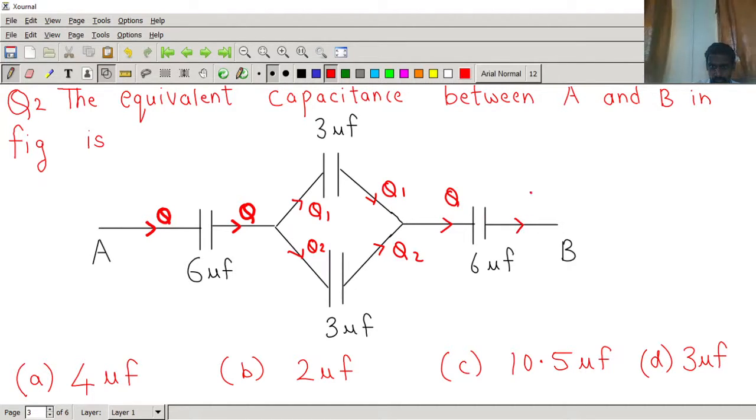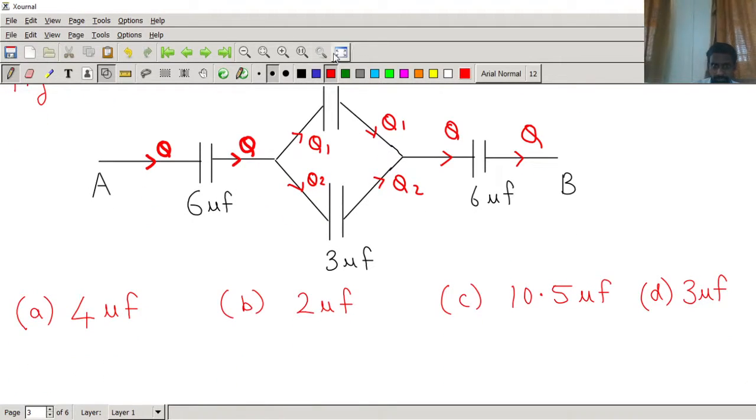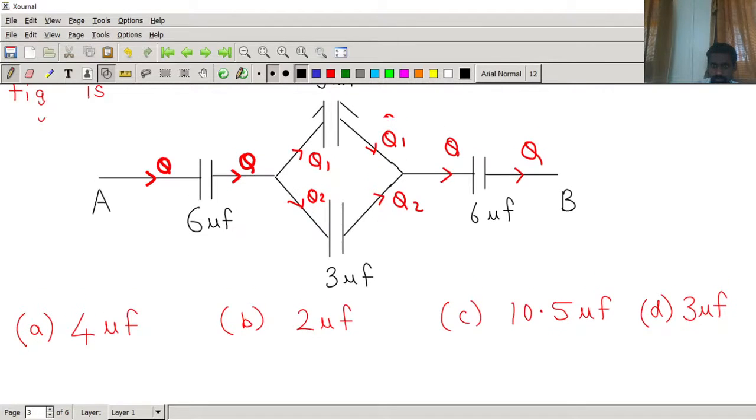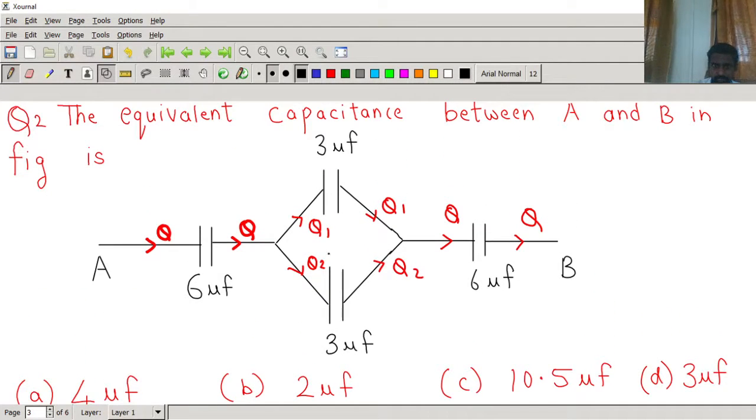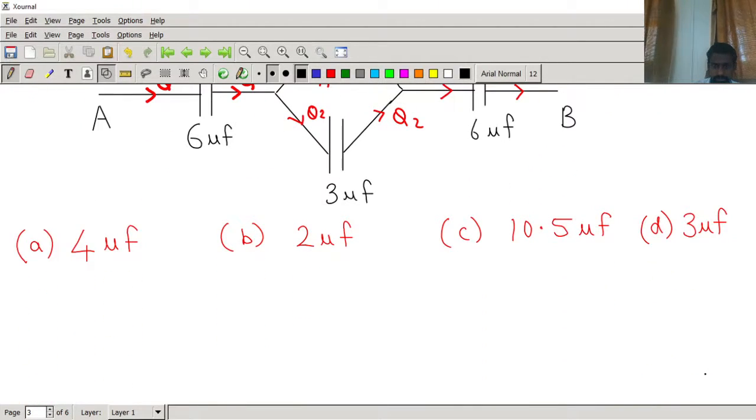Now how do we find the total capacitance? This 3 and 3 is connected in parallel. So first let us find the total capacitance of both these capacitors when they are in parallel. When they are in parallel we simply add, that is 3 plus 3 is 6. So all these 3 capacitors will now be in series.